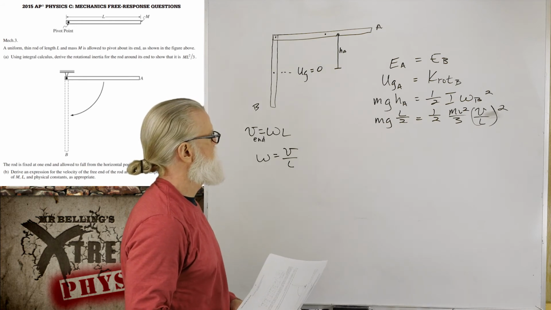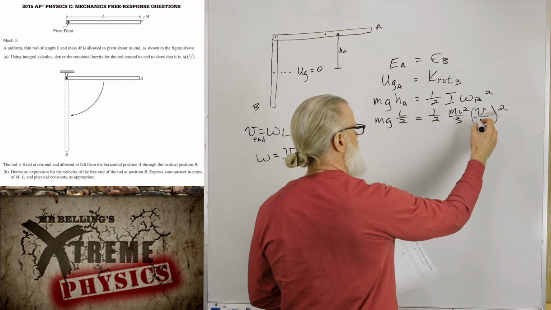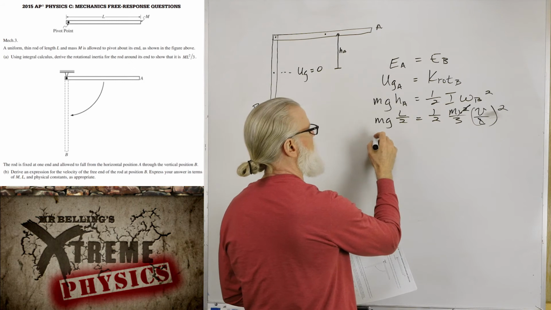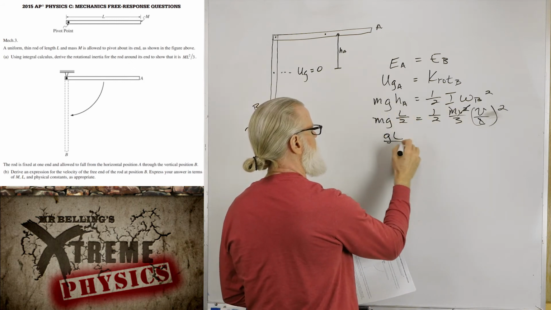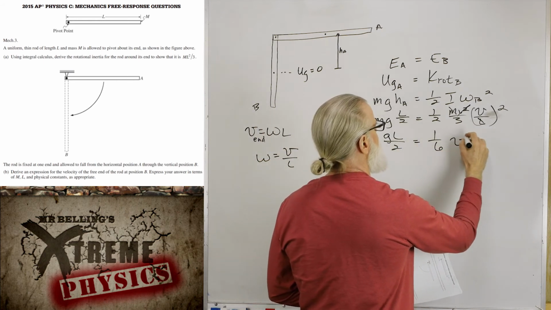Alrighty. Well, these are going to cancel, and so is the mass. So what do we got? gL over 2 equals 1/6 v squared.